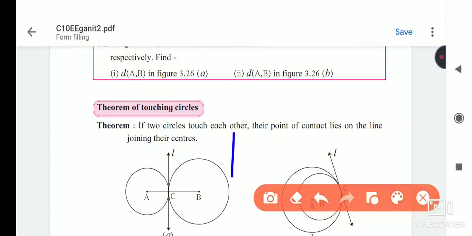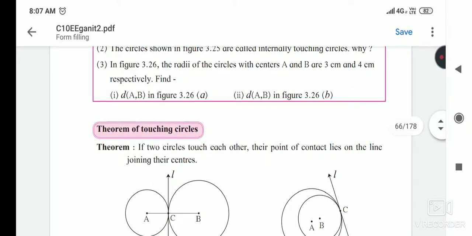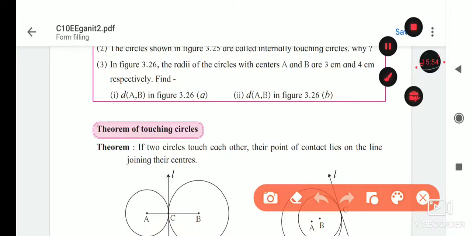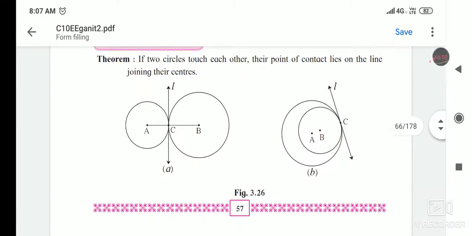It is given here upside. If you see here, it's given that it is 3 centimeters and 4 centimeters in the figure, from the centers A and B. So we will solve this example. You just move towards the figure.